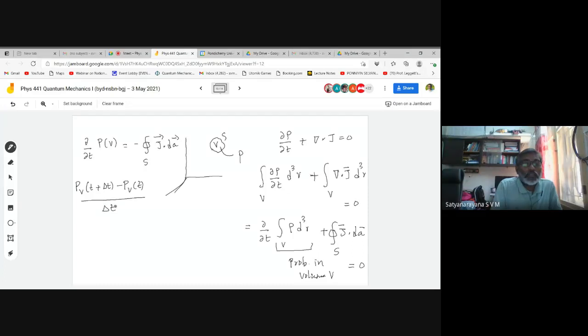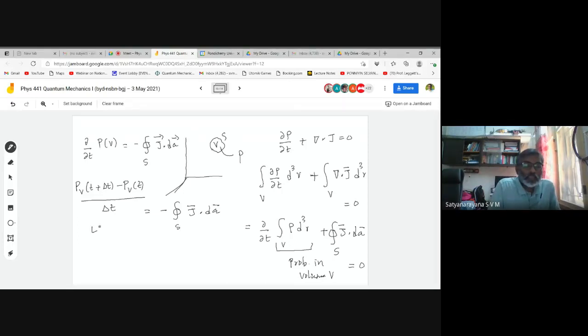That is what this derivative means, in the limit delta t tending to 0, equal to minus integral over the surface j dot dA. Now, suppose probability is increasing. That means this is positive, so the left hand side is positive.